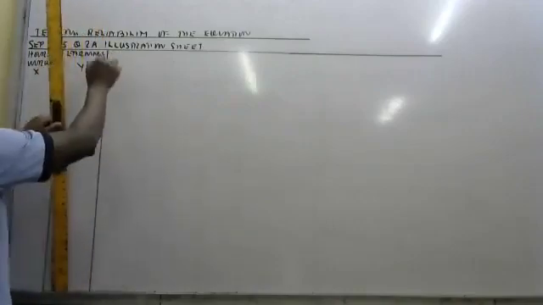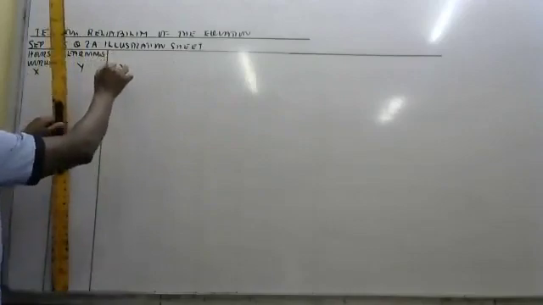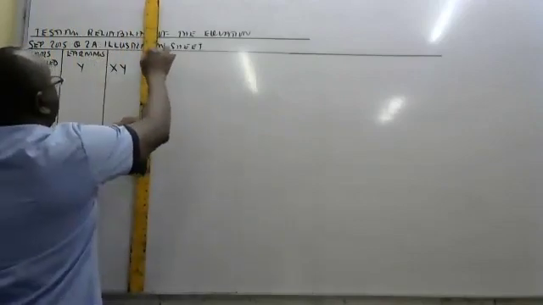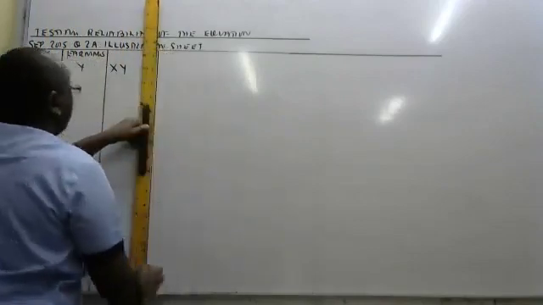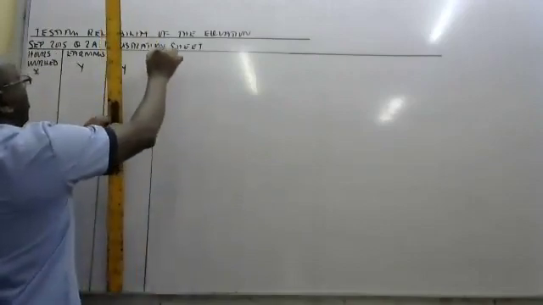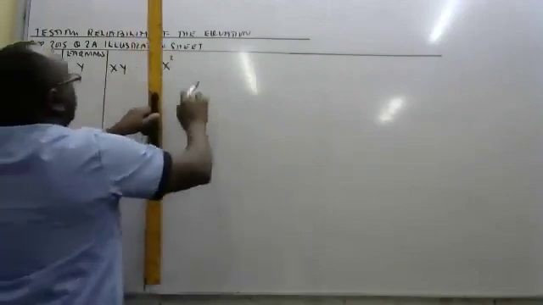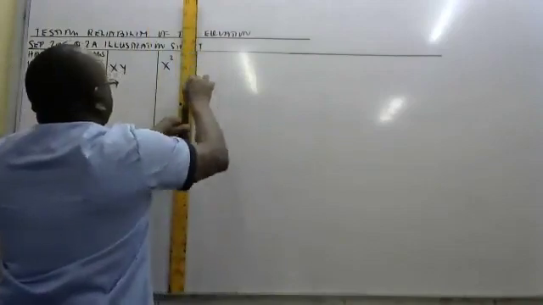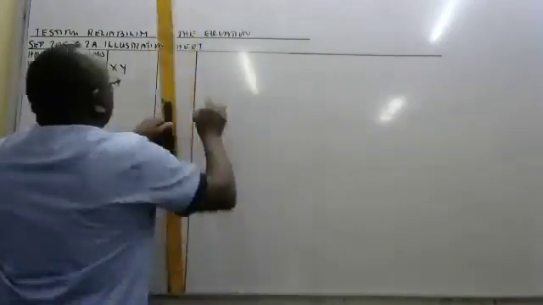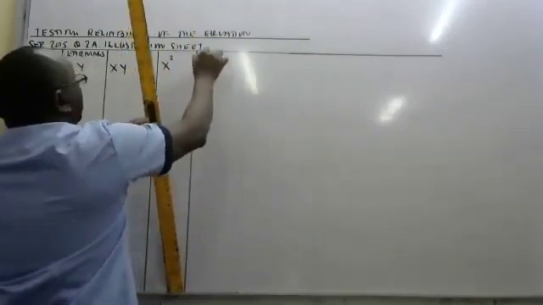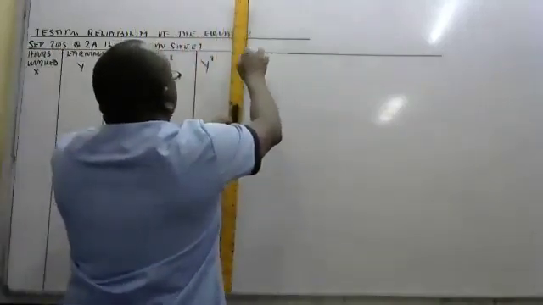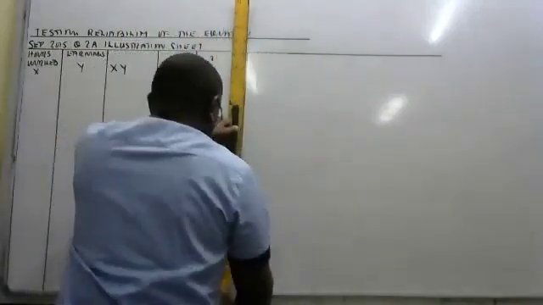Then I will have a column where X is multiplied by Y. I will have a column where X is squared. I will have a column where Y is squared.